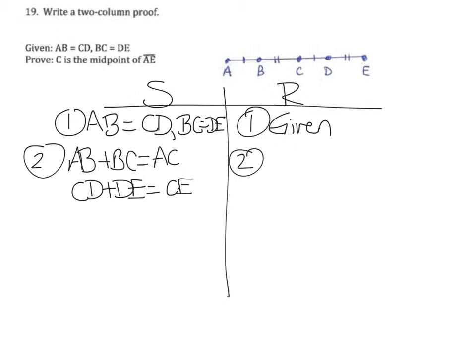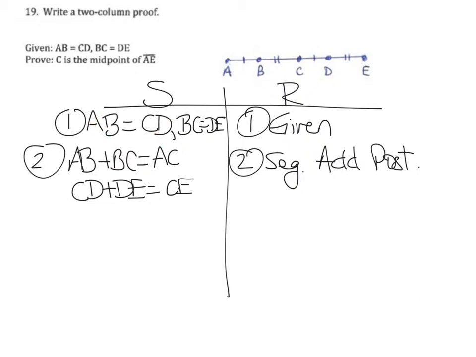And that's the segment addition postulate. Now, from there, what do I know? So how do we get there? Well, look at our given. Our given gives us 2 things. It gives us AB is equal to CD and BC is equal to DE.